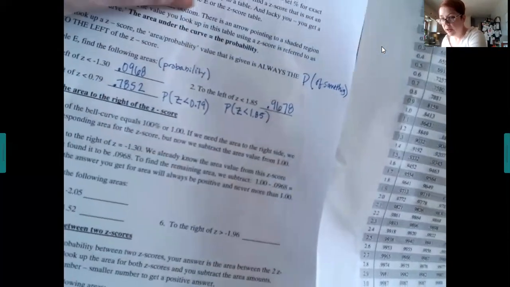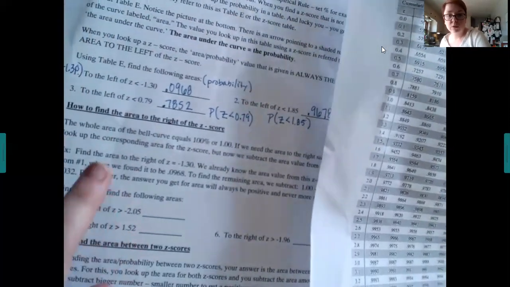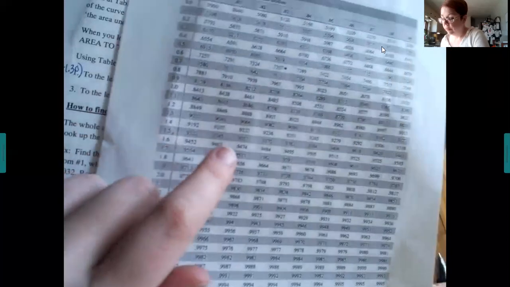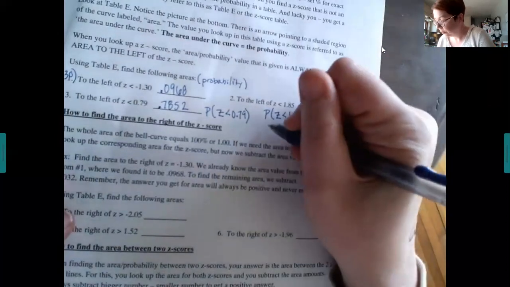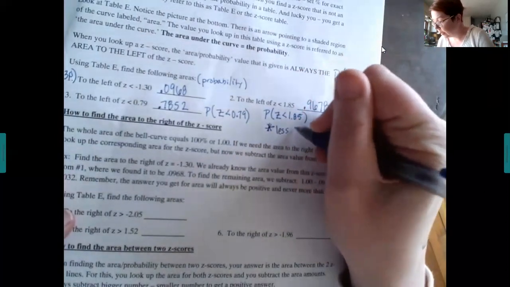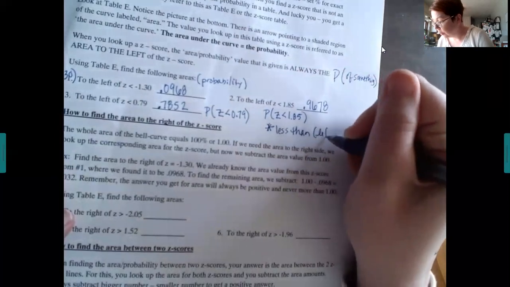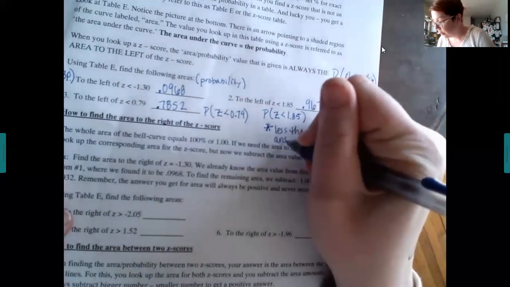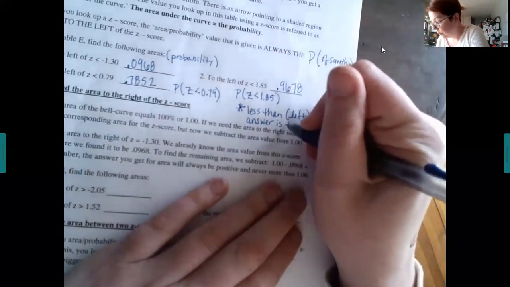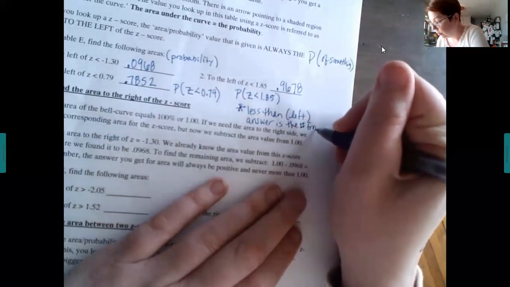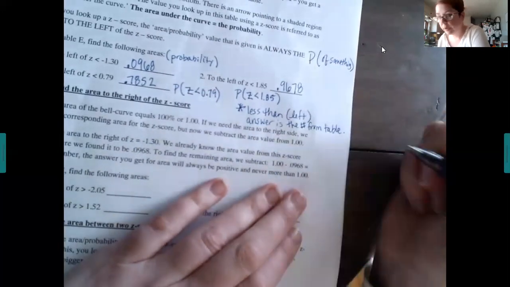Okay, so long story short, if you have a less than or to the left, the number you get when you look up the z-score is your answer. You don't have to do anything else, okay? So that's one thing to keep in mind. Less than or on the left, answer is the number from table.